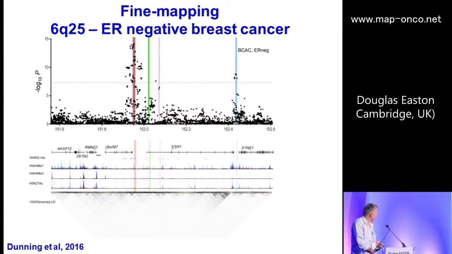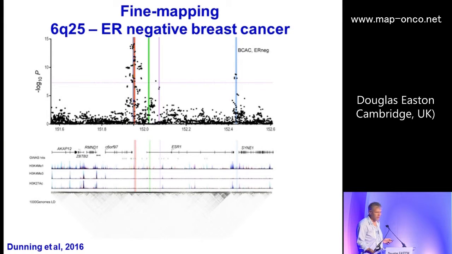And if you drill down to particular regions, you can start to work out what's going on in more detail. So just to show one example, this is a region which has recently been published. It happens to be on 6q25 around the estrogen receptor gene, a rather obvious target. And what you find is that although it was originally identified as one signal, in fact it's several signals.